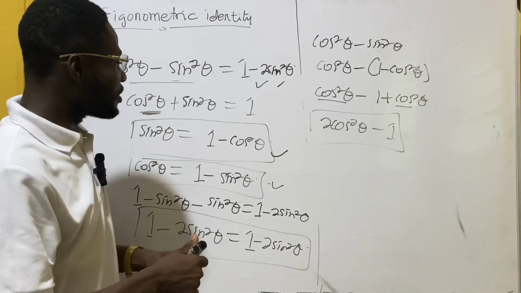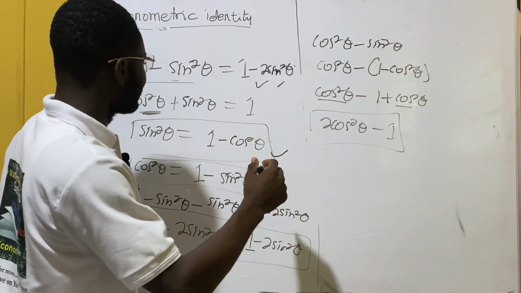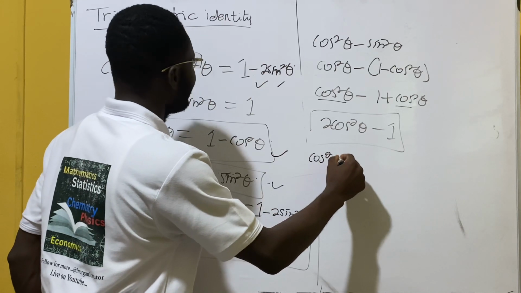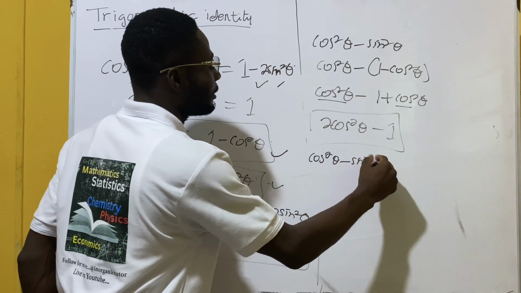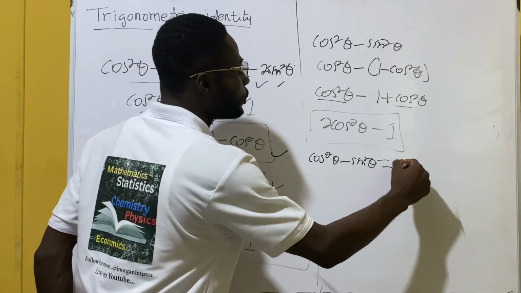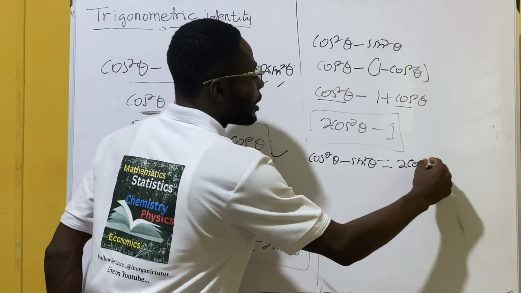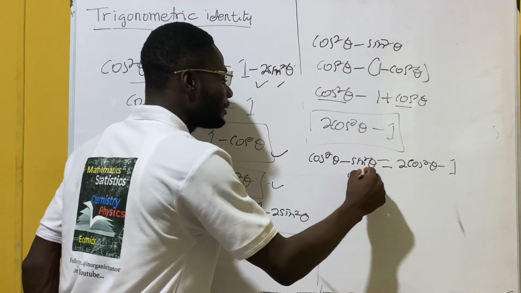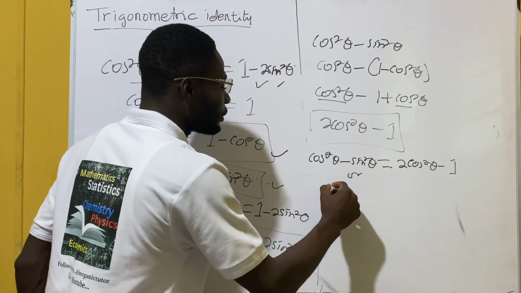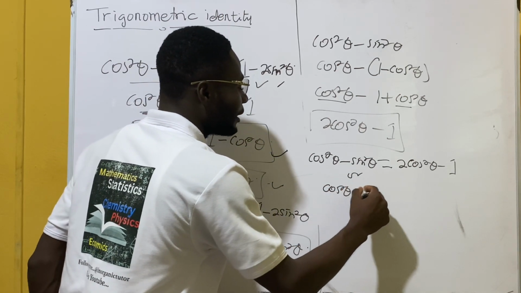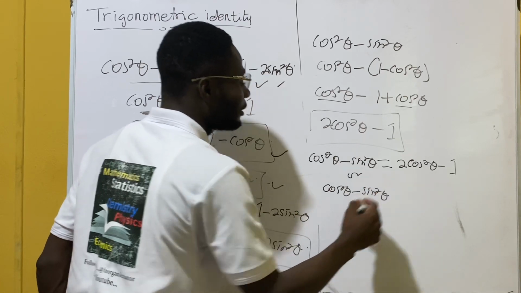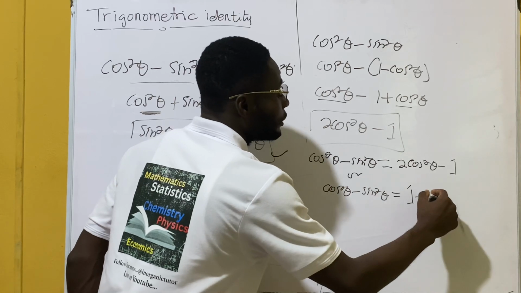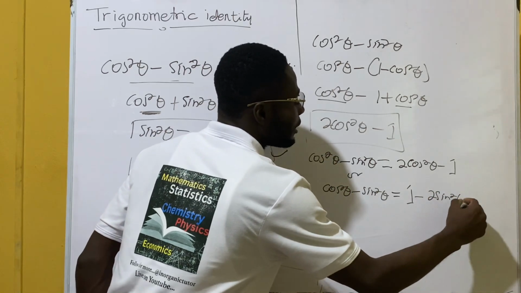So cos squared theta minus sine squared theta is also equal to 2 cos squared theta minus 1. Or this is the same as cos squared theta minus sine squared theta is equal to 1 minus 2 sine squared theta.